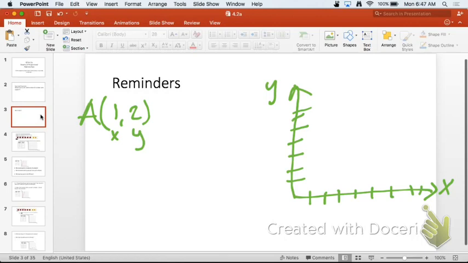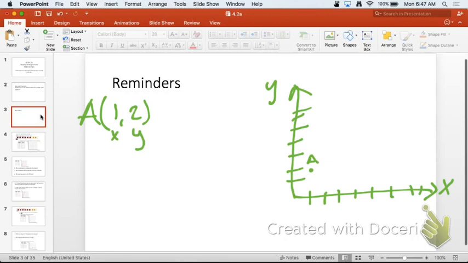I'm just going to call this A. I'm going to come over 1 and then go up 2. So I'm going to put a dot right there, and I'm going to label that A, just like it's labeled in the point.